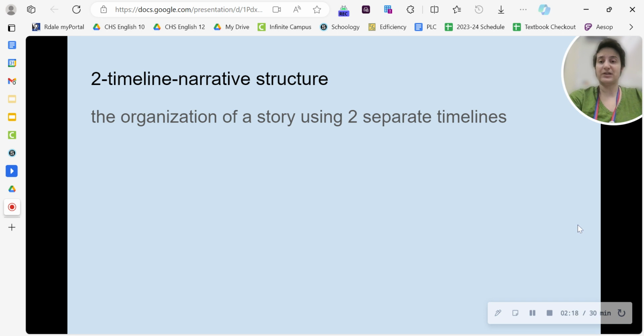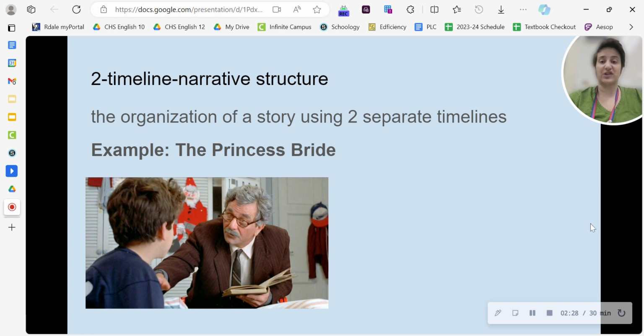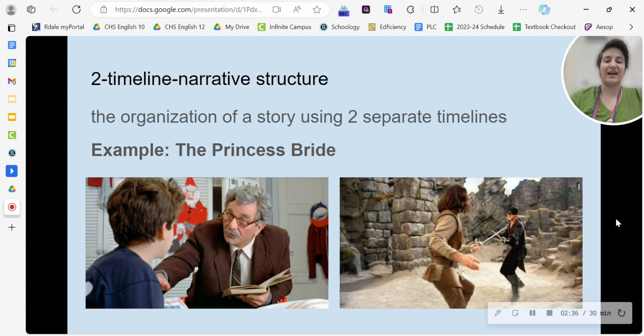One more popular example of something that uses a two-timeline narrative structure could be The Princess Bride, the book or the movie version. The movie starts off with a grandfather telling a story to his sick son in the present day. But then it jumps back, and much of the story is this fantastical timeline of what's happening within the book.